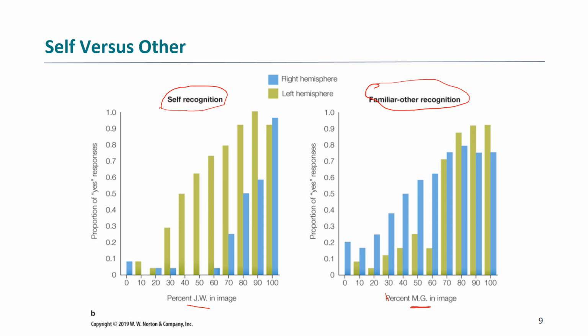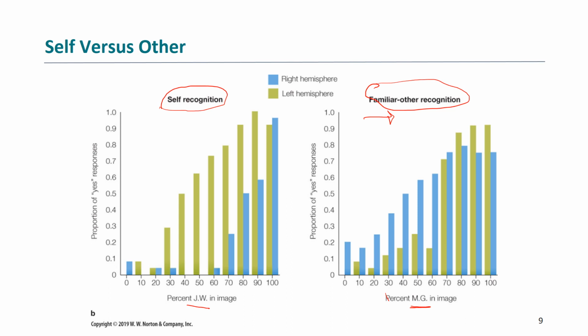So if you show JW his own image, his left hemisphere will know it and respond much better. But if you show familiar others other than JW, his response will be better in the right hemisphere. So the bottom line is that the left hemisphere is better at recognizing the self, and the right hemisphere is better at recognizing familiar others.